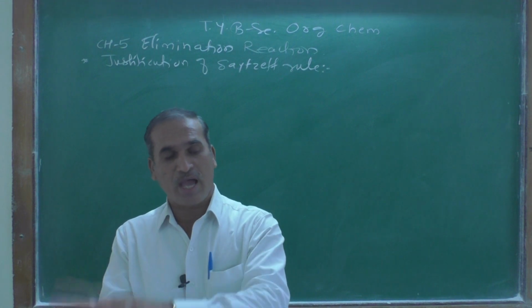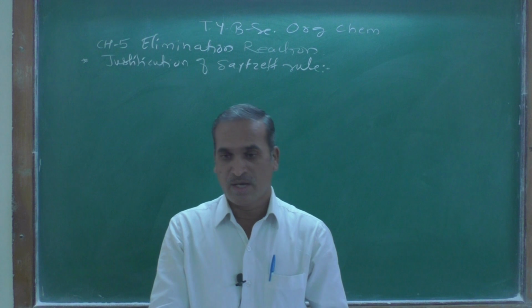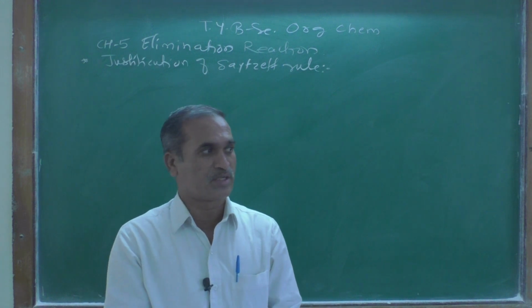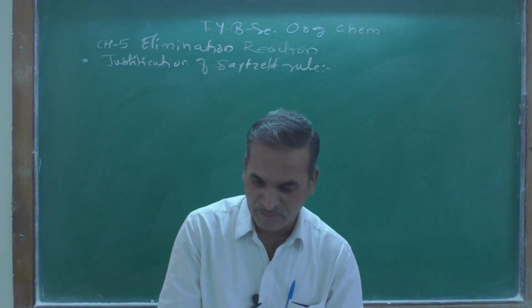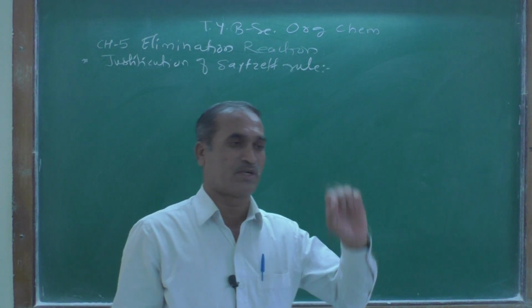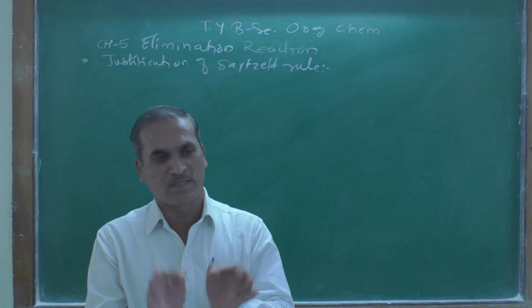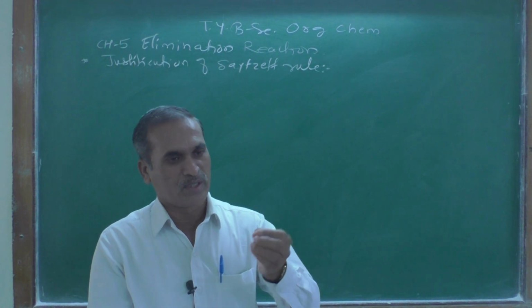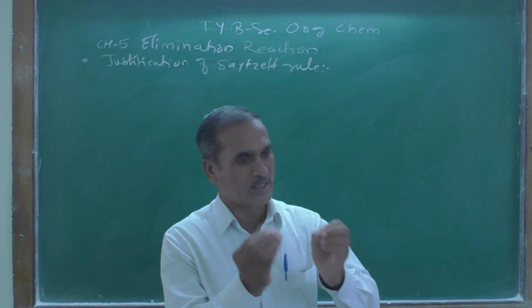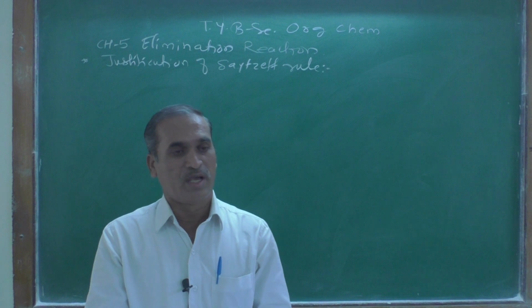And then we arrived at the Saytzeff elimination reaction, meaning the E2 elimination reaction. What does it mean? What is the Saytzeff elimination reaction? We learned a suitable example, and we made it as a Saytzeff rule.